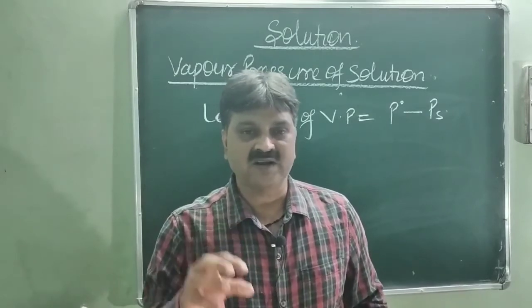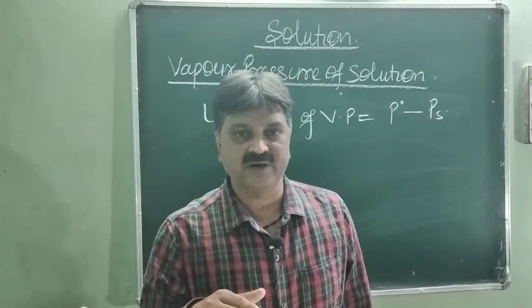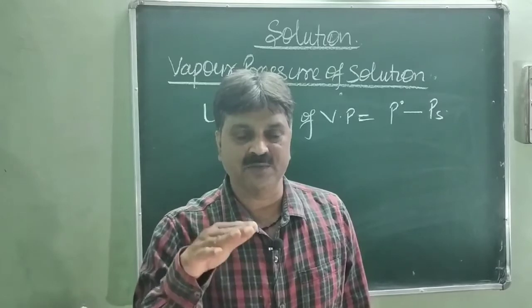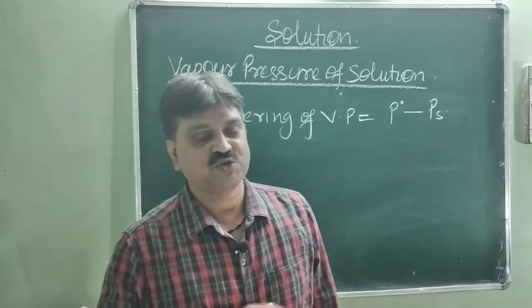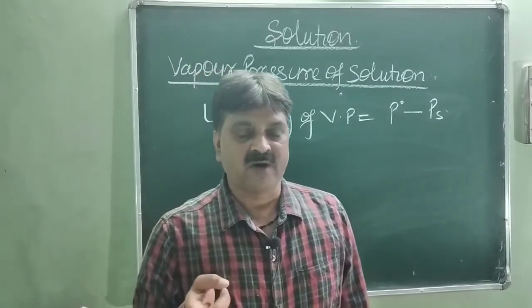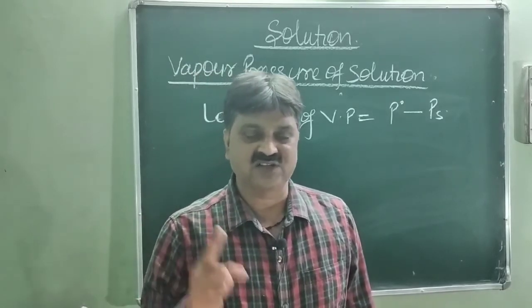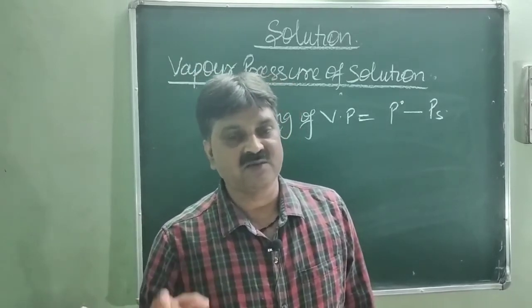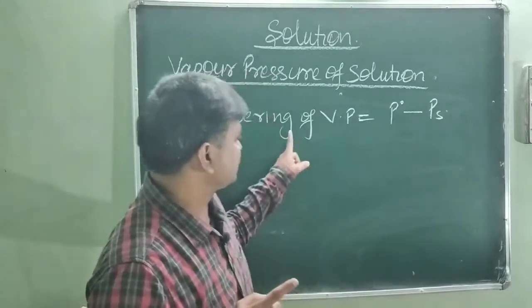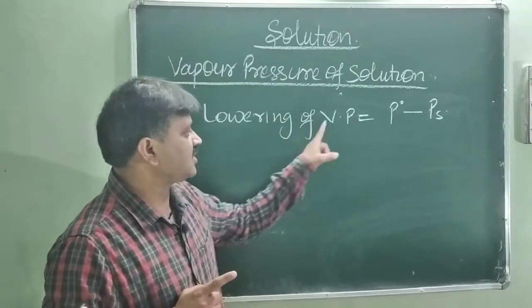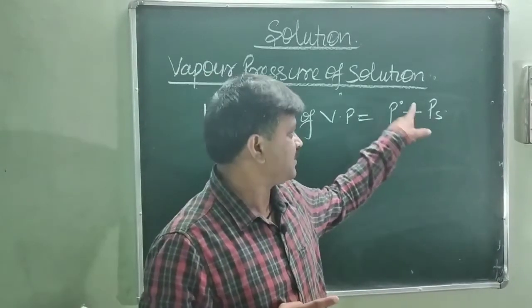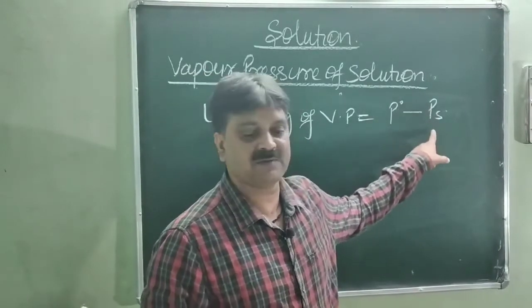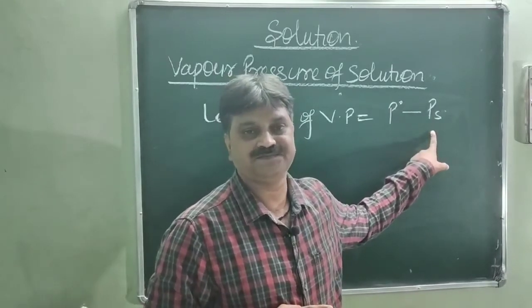The solute particles strike the solvent particles, which decreases the rate of vaporization. Due to this their vapor pressure decreases. So when a solvent becomes a solution by addition of a non-volatile electrolyte, its vapor pressure decreases. This formula, lowering of vapor pressure equals P naught minus PS, means the vapor pressure of the solvent is greater than the vapor pressure of the solution.